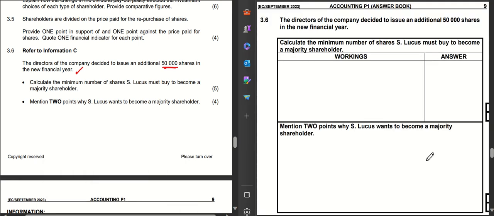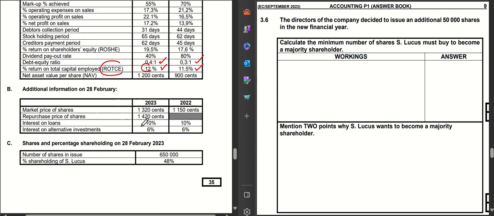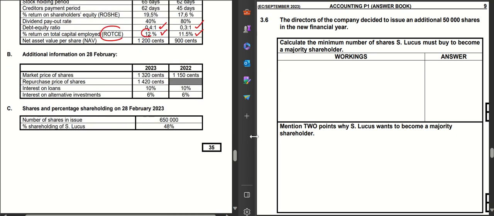Okay, so let's see how many shares S. Lulu has to buy. We can see here that the number of shares in issue are 650,000 and S. Lulu is currently holding 48%.